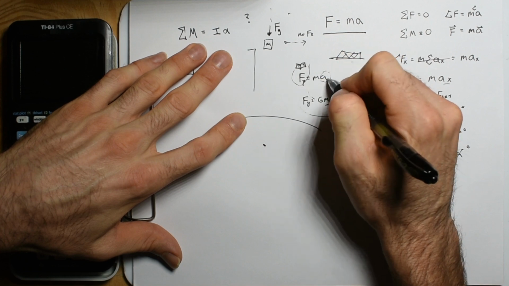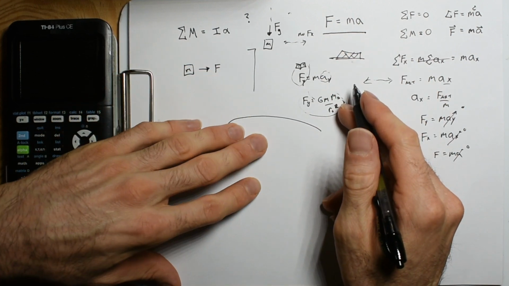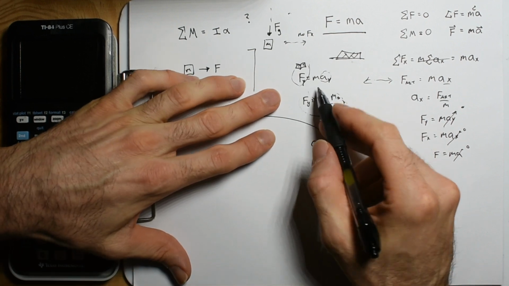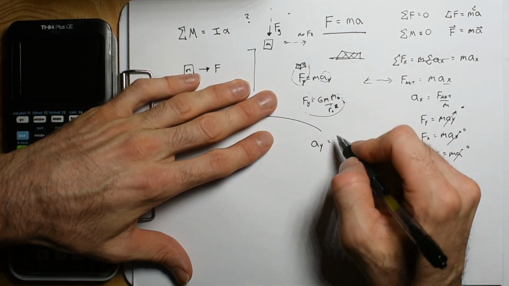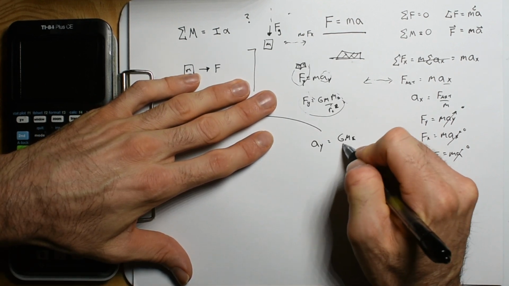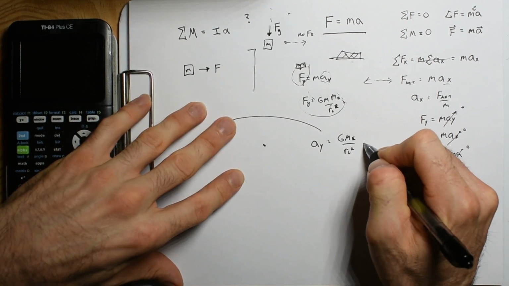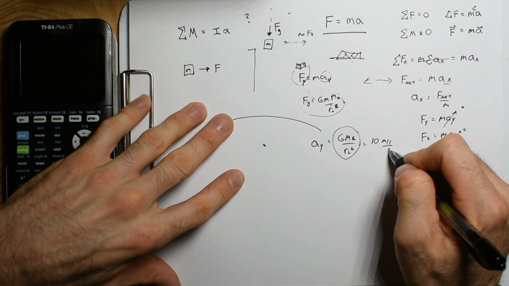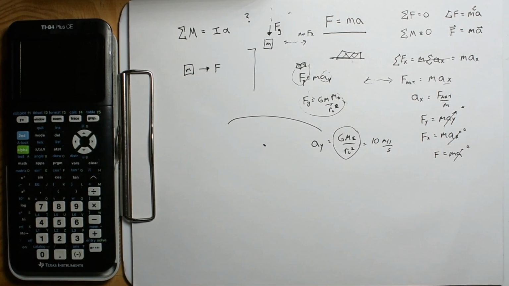So forces in the y is acceleration in the y. We can rearrange this for acceleration in the y, and what do we get? Well, we just divide this by mass, and we get g, mass of the Earth, radius of the Earth squared. And this is just 10 meters per second per second. That's the acceleration of gravity.